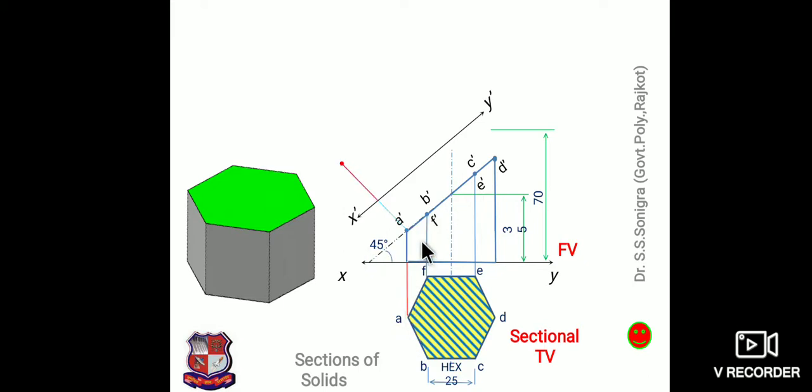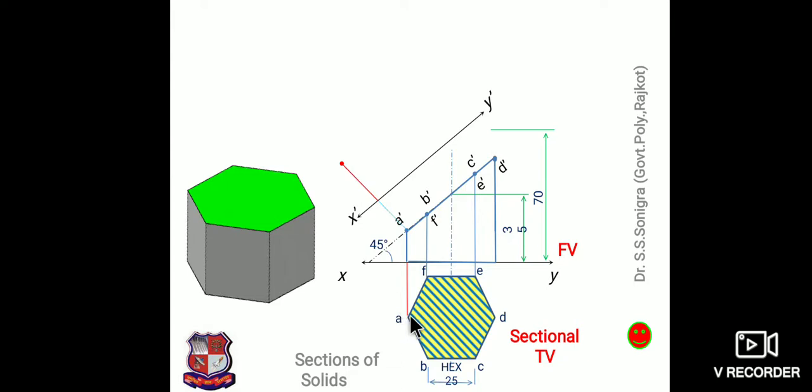Now measure this distance. We have drawn the line from point A dash. Now find the top view of point A. This is the top view. So measure the distance between the top view of point A and the xy line. Give proper attention here, this is very difficult to understand.